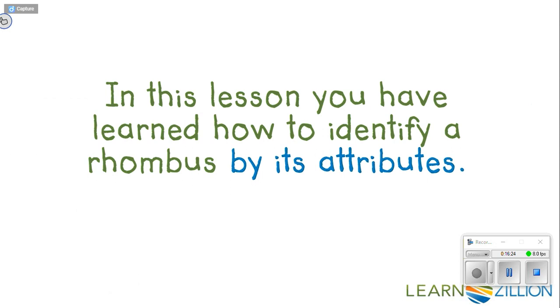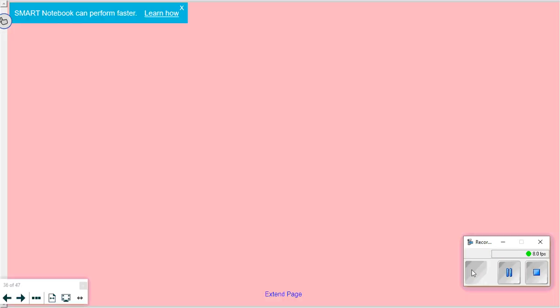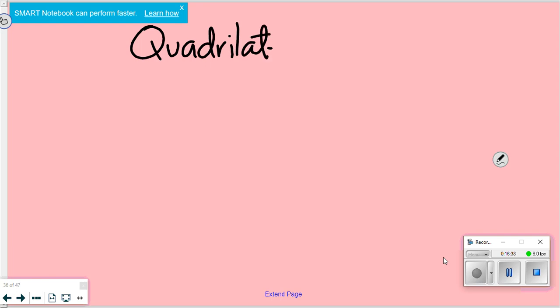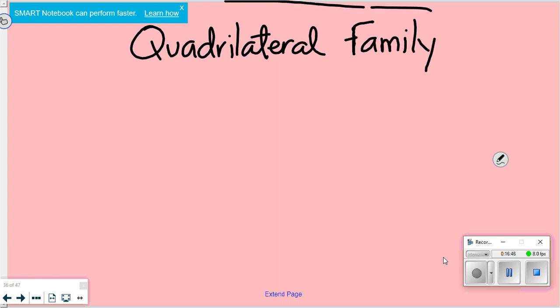In this lesson, you learned how to identify a rhombus by its attributes. Our title is Quadrilateral Family, and you can put a box around it.